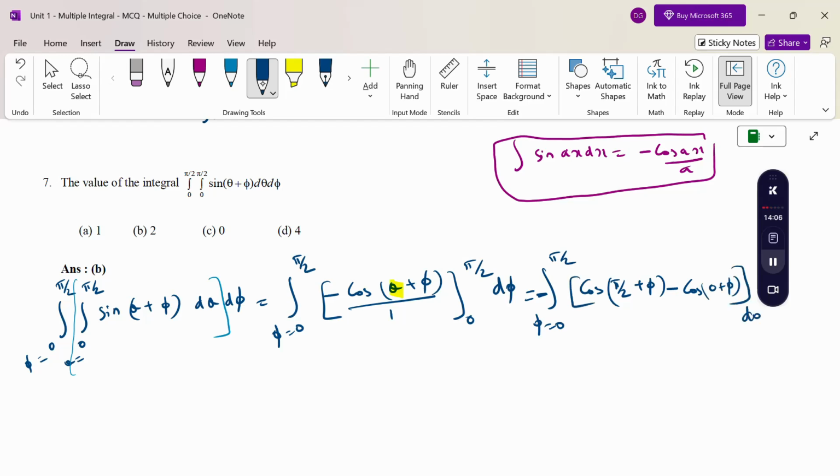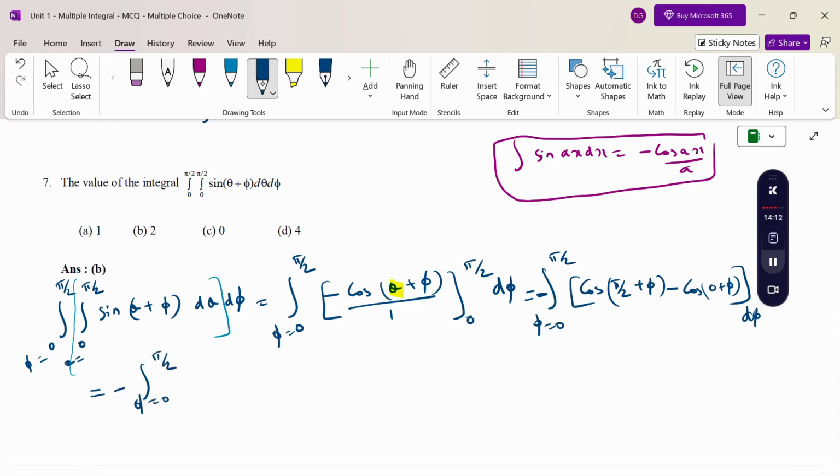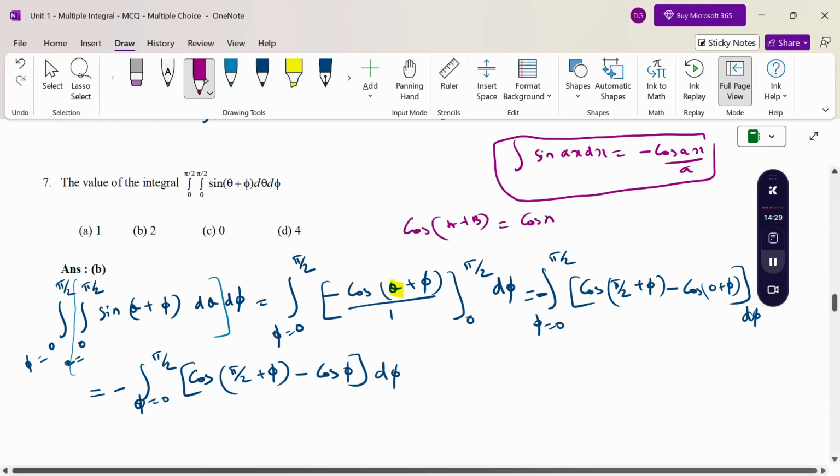Therefore minus, integral from 0 to pi by 2, of cos(pi by 2 plus pi) minus cos pi, d pi. For this term, use cos(a plus b) equal to cos a cos b minus sin a sin b.